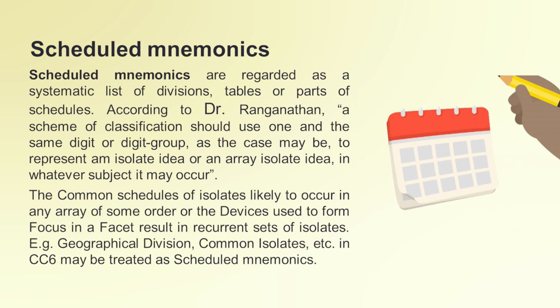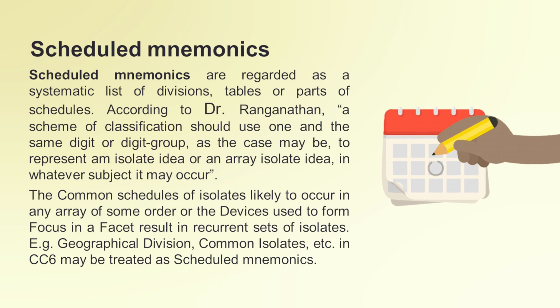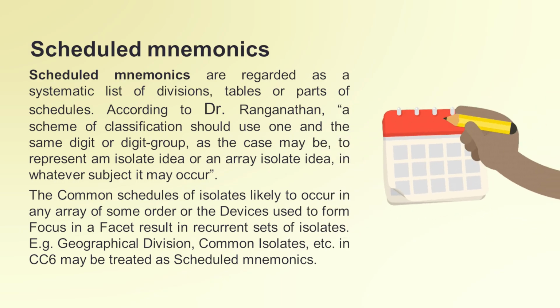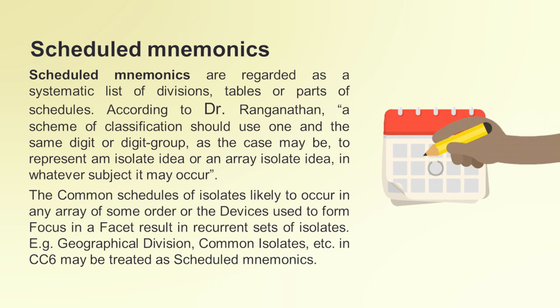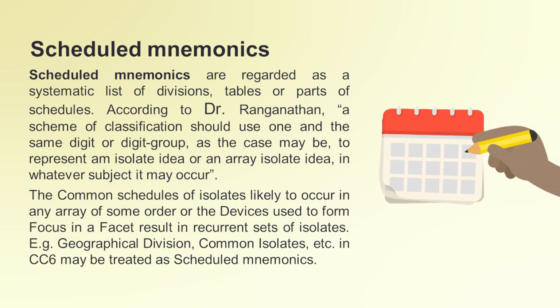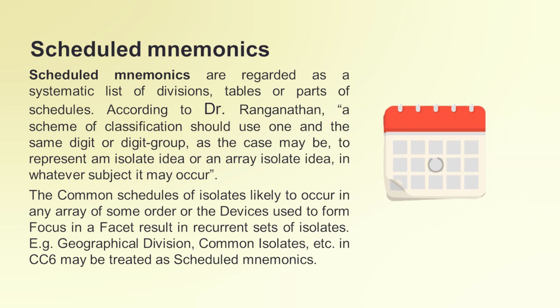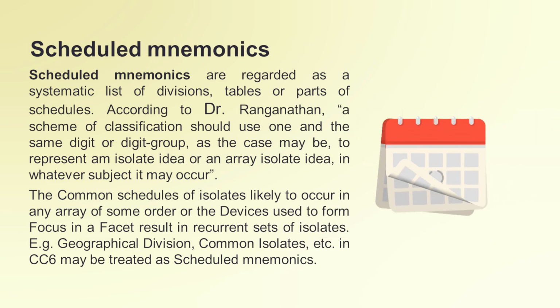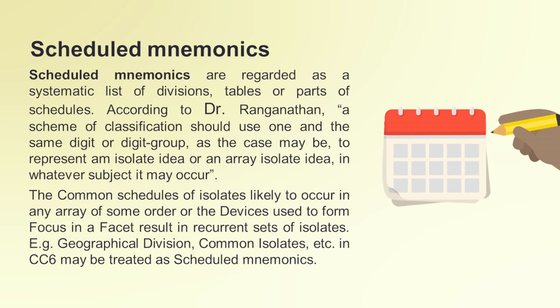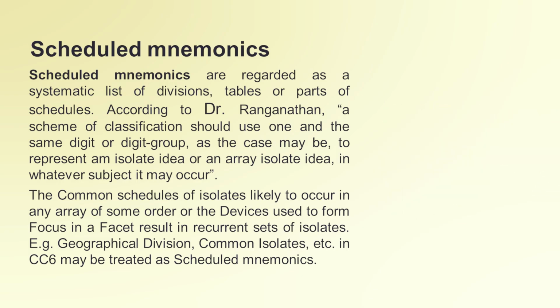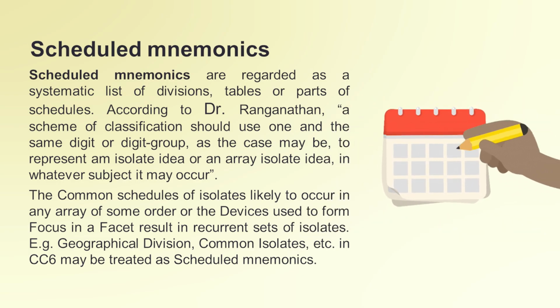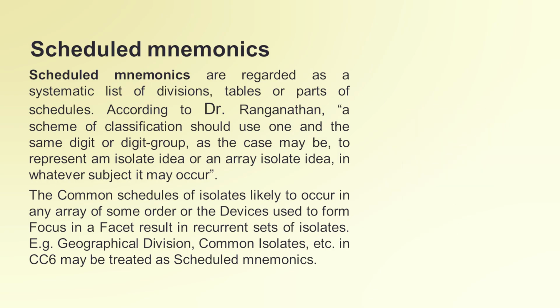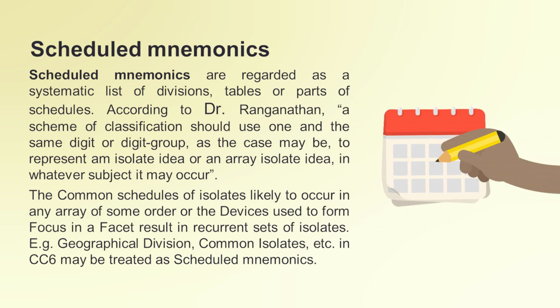The common schedules of isolates likely to occur in any array of some order or the devices used to form a focus in a facet result in recurrent sets of isolates, such as geographical division, common isolates, etc. In colon classification, it may be treated as scheduled mnemonics.